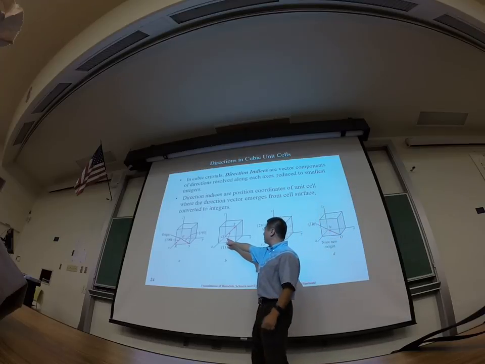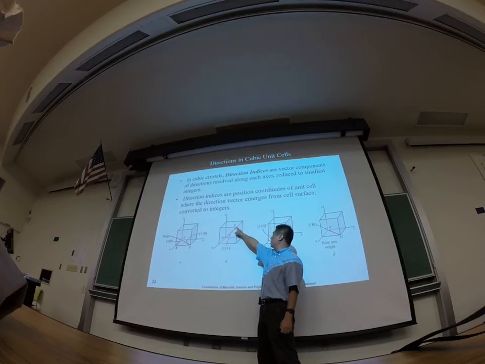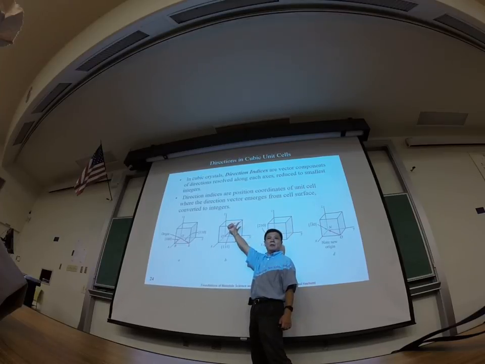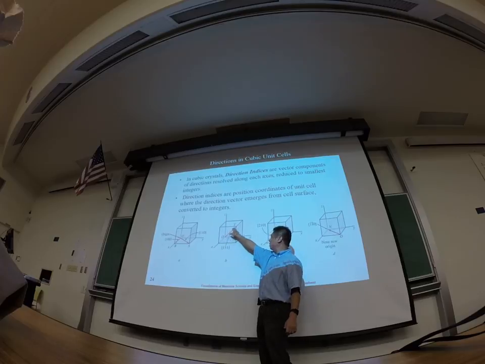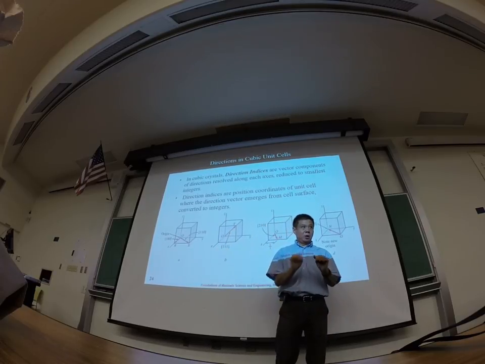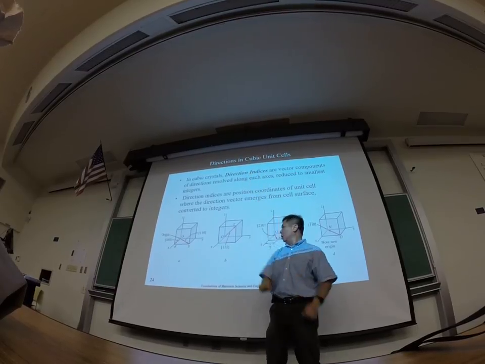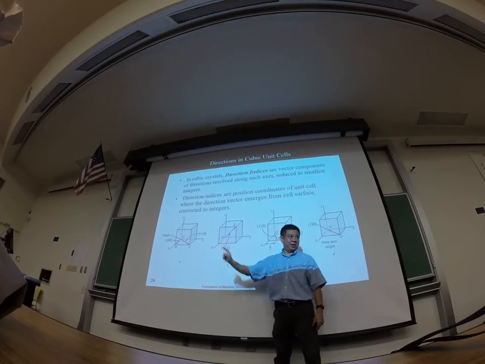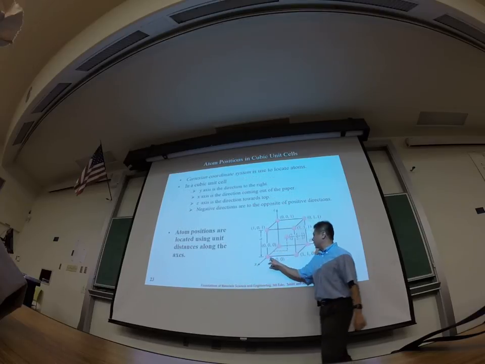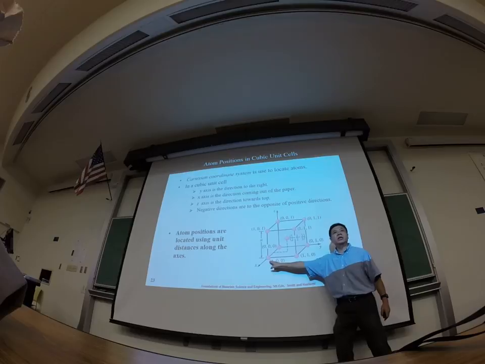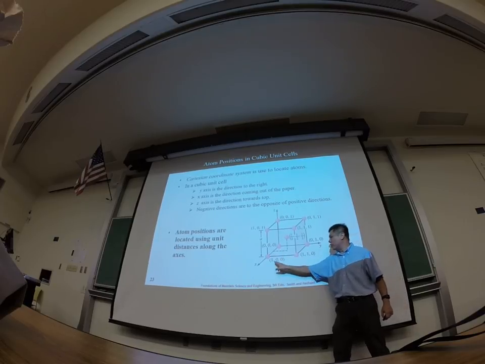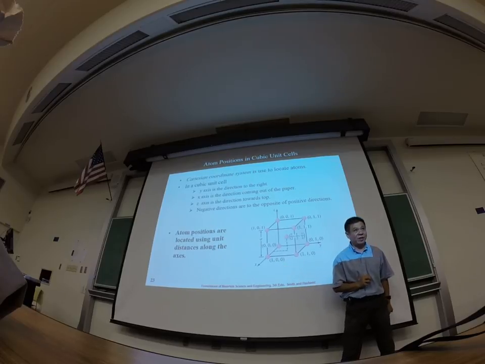For example, from the origin to this point diagonally, that is the direction. But when we define the vector, or the direction, we use square brackets. That's different from the position or the coordinates of a point, where we use parentheses and commas to separate the numbers.